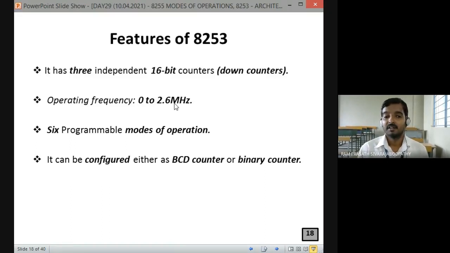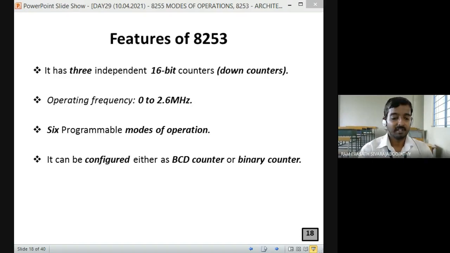Okay, after 11, decrement by one gives 10; after 10, decrement by one, what happens in a BCD counter? 9. Very good. Okay, in the case of a binary counter, what about the value? Say it was 0 0 1 0 1 1, a hexadecimal number. Fine. So what will the next count be? 0 0 1 0 h. Then what will the next count be after that? 0 0 0 a. Correct? Yes, is it correct?